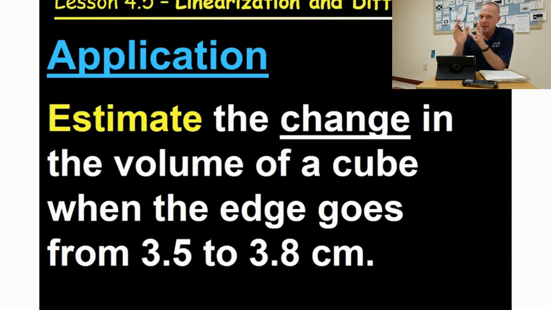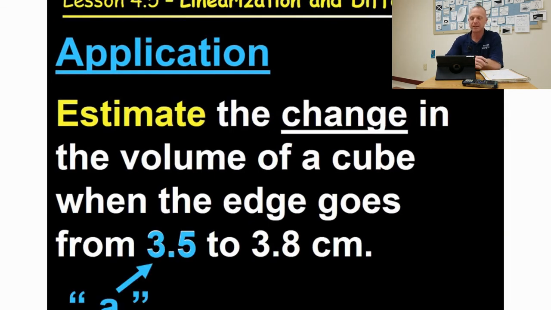So are you kind of picking up on what's required to get this differential? Yeah, it's required that we have some x values. And I want you to interpret these two values as your x values. But in particular, I want you to interpret the first x value as a. That's pretty important, because a is always where my graph starts, or in this case, where my cube starts.